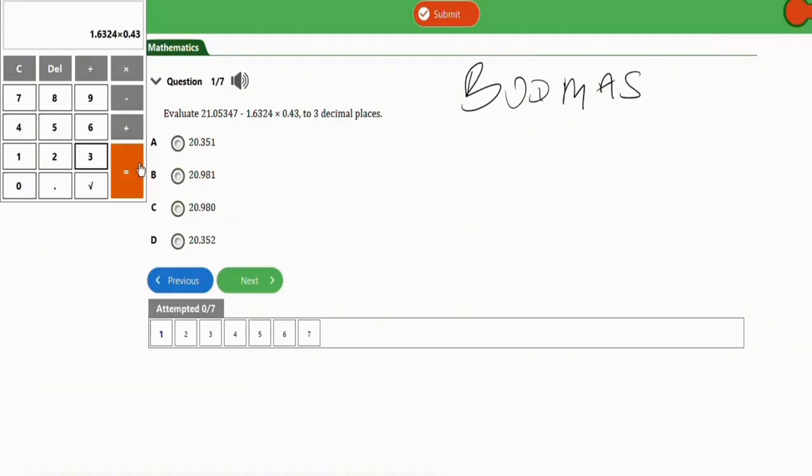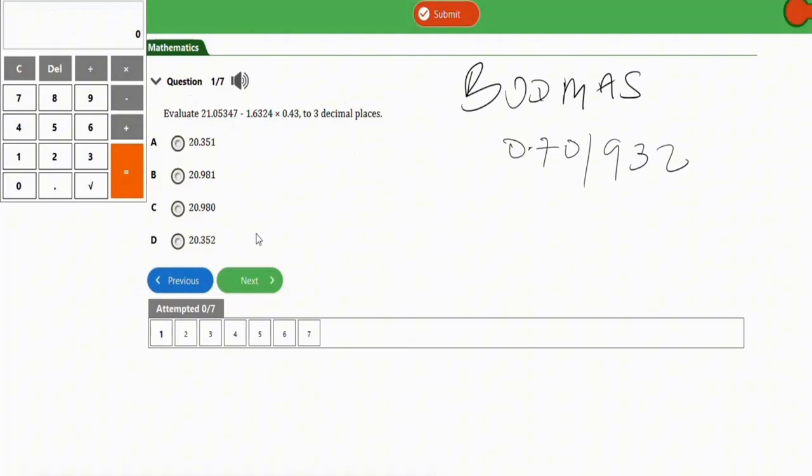So that's it. Let's press equal to. We have it to be this value 0.7. So you have to write it down. Not forget we have 0.701932.